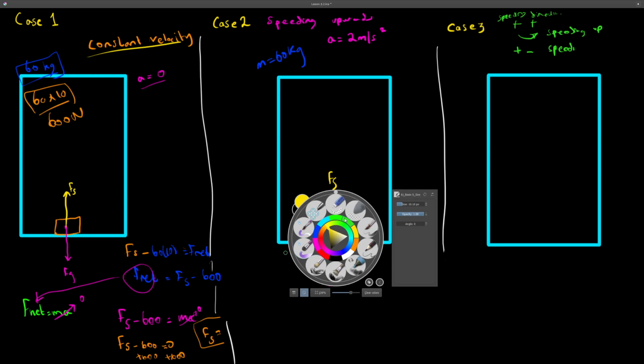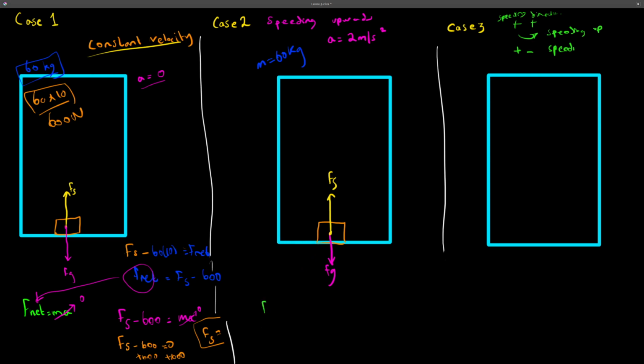So we can calculate the Fnet, which is ma. The Fnet, of course, is going to be the same thing. It's going to be Fs minus 600. So we can simply just substitute it again.